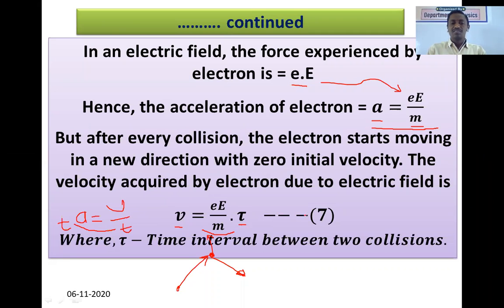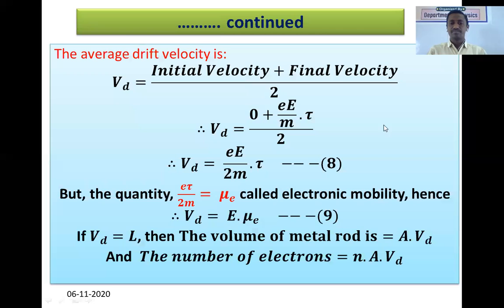Equation 7 gives the velocity acquired by the electron due to the electric field, with the time interval between two collisions as tau.